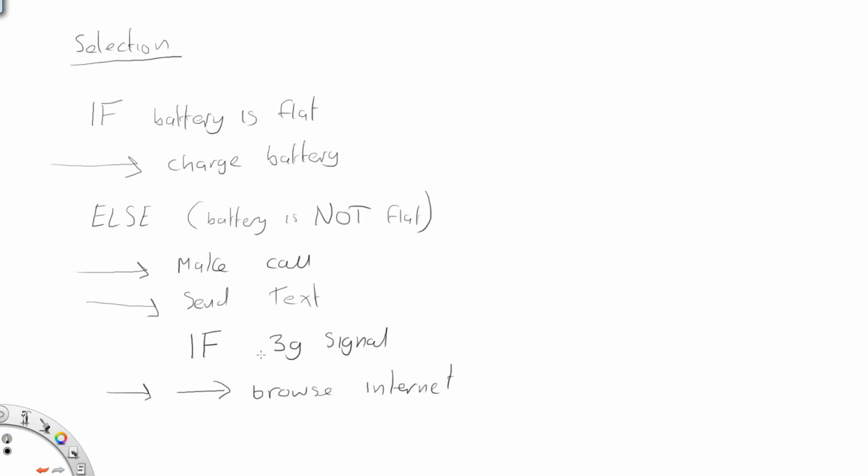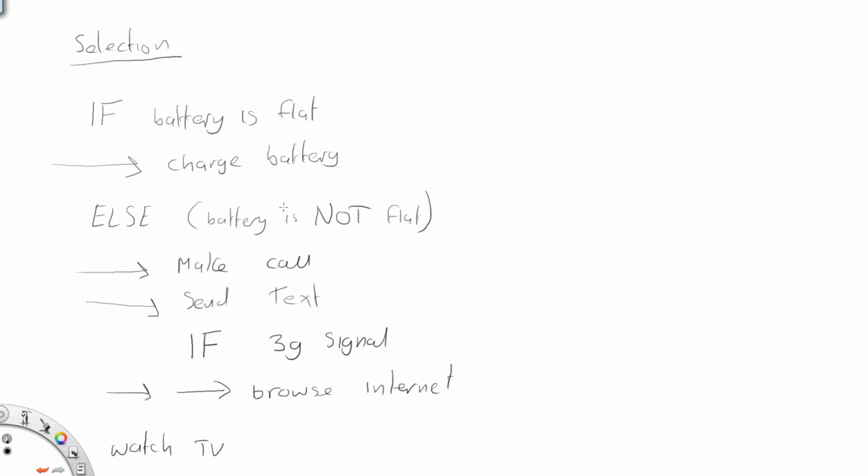And if we don't have a 3G signal, then we're not going to browse the internet. Then to show that we've finished the if statement, any code down here, let's say watch TV, will run after we've checked all this.